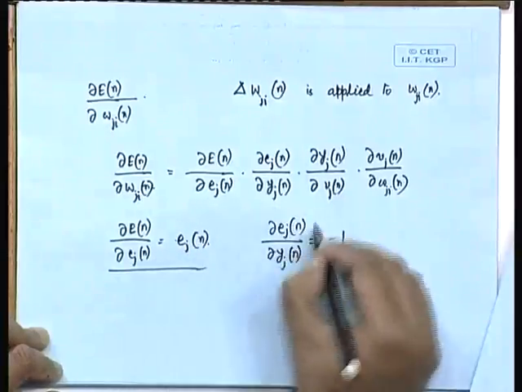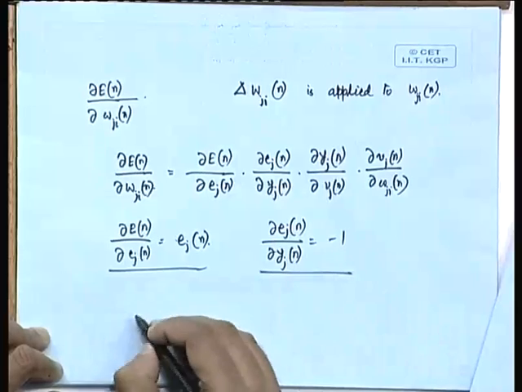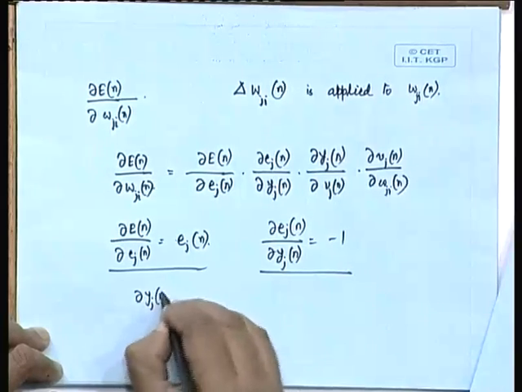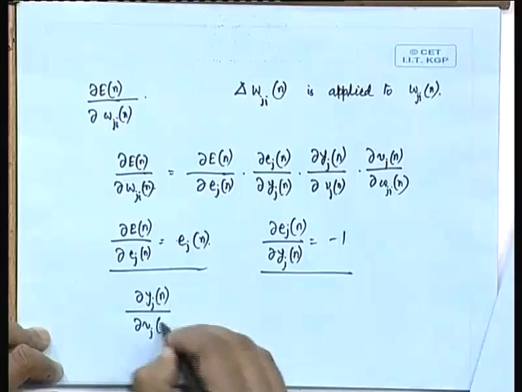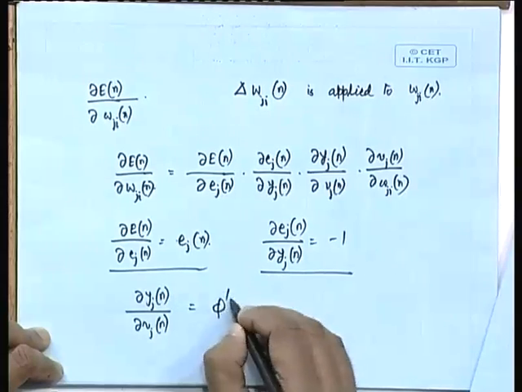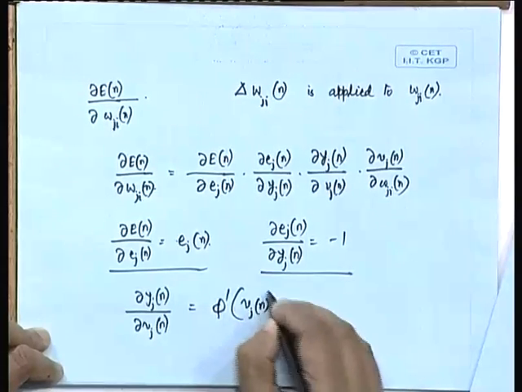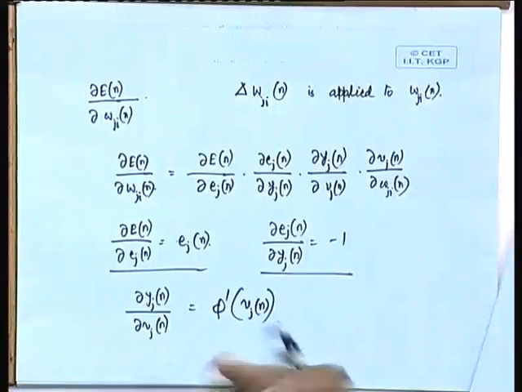So this term is computed, the second term is computed, the third term is ∂Yj(n)/∂Vj(n), and that is simply equal to phi dash. We can exactly compute it only when we know the activation function. So typically we need an activation function in order to calculate this exactly, but in general, given any phi, we can express it in terms of phi dash, where phi dash is the partial derivative of the phi function with respect to the activation input, that is Vj.